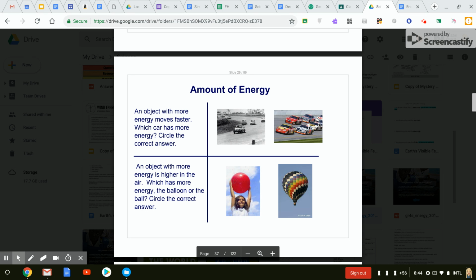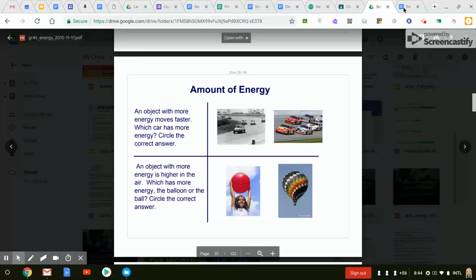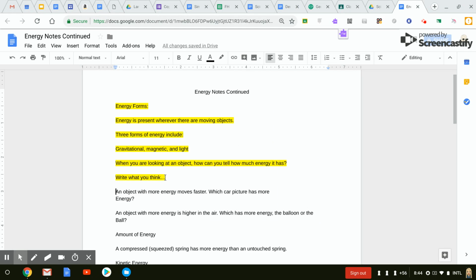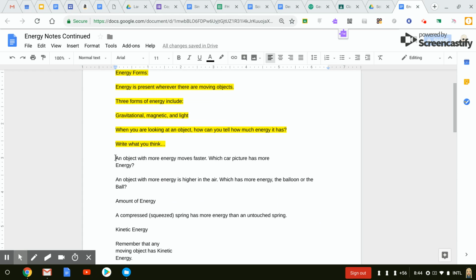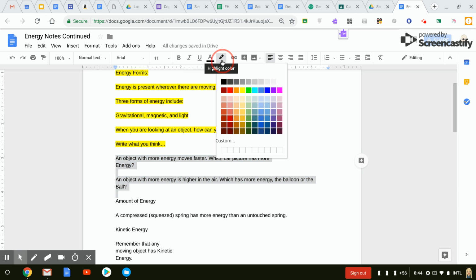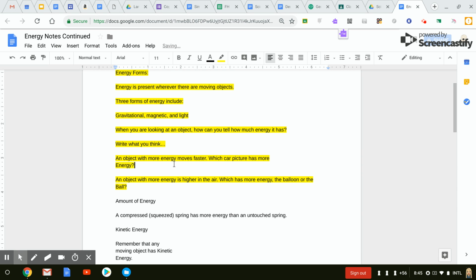So which has more energy, the balloon or the ball? I want you to write all of this down. And for the questions that ask which has more energy, I want you to tell me which car has more energy and whether the balloon or the ball has more energy.